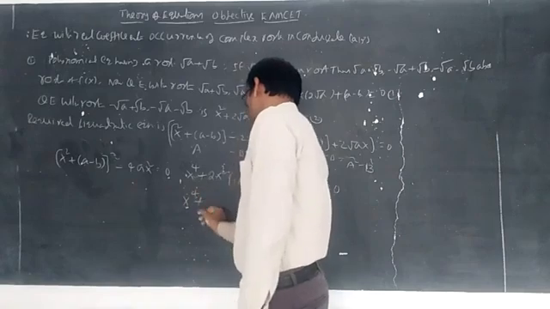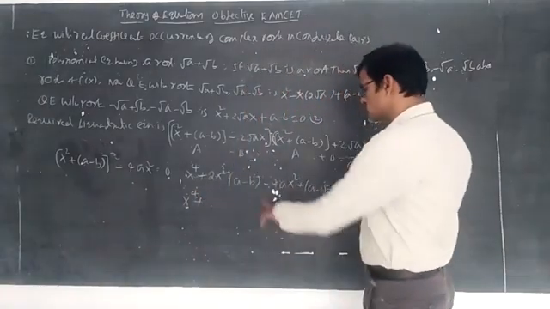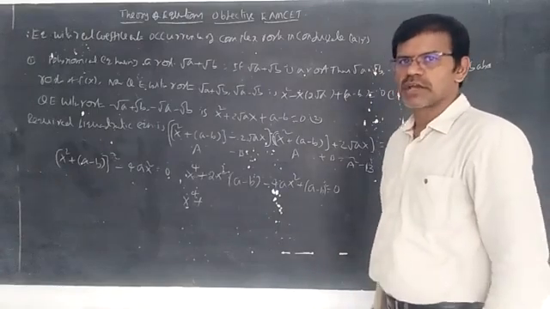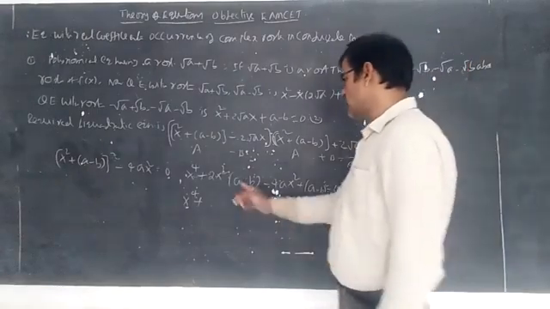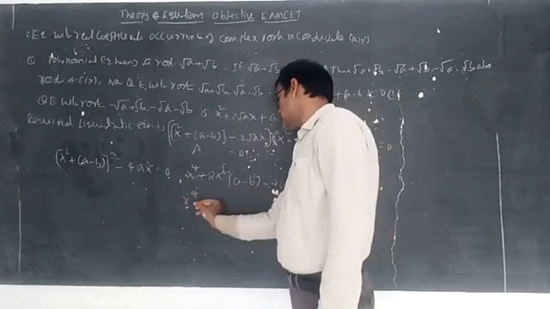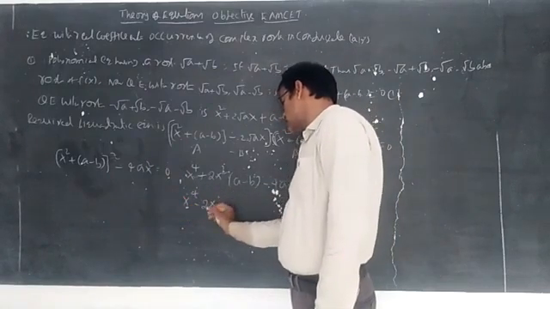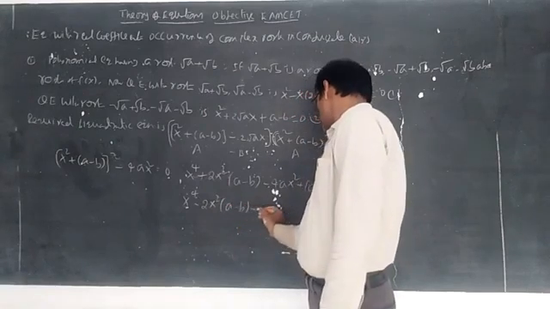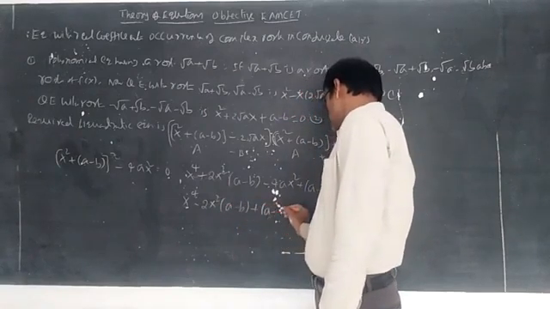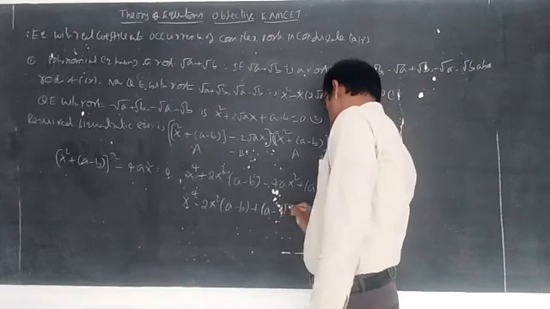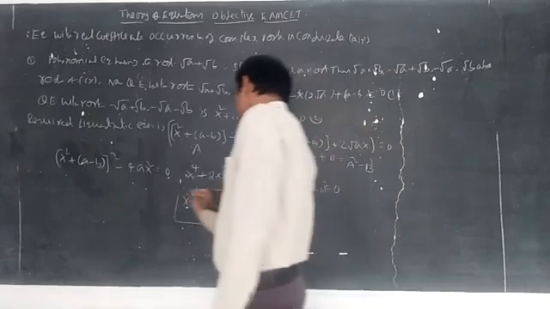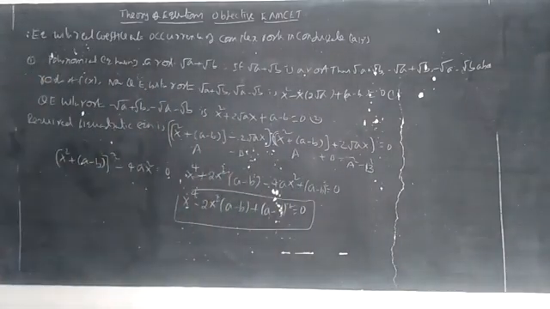X power 4 plus 2x square a minus 2a: 4a x square becomes minus 2a x square and minus 2b x square. So minus 2x square, take common. You can write a plus b, plus a minus b whole square, minus 2x square into a plus b.